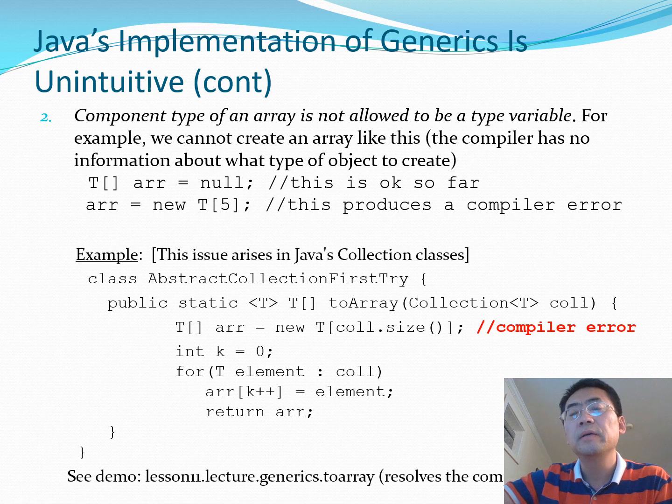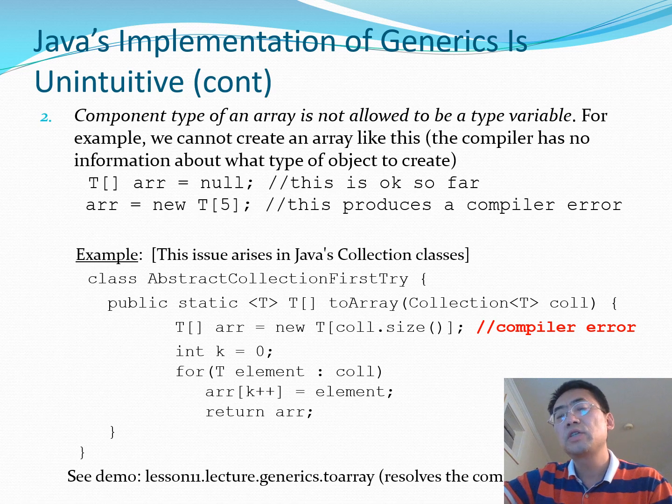Interestingly, there's a workaround. If you're interested, you can take a look at the demo code. The solution is based on Java reflection. You cannot directly say new T with a size, but you can use Java reflection to create an array of T.